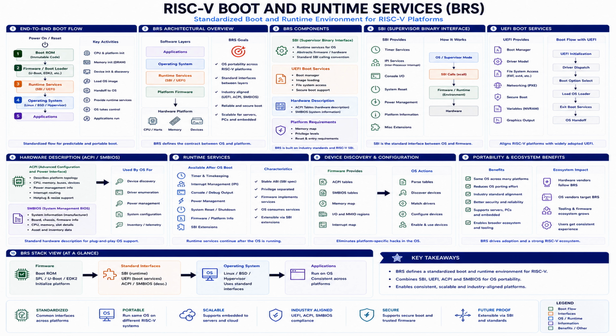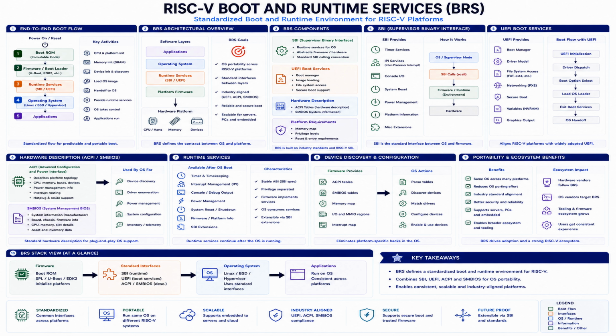Section 9 describes portability and ecosystem benefits to show why BRS is critical for the RISC-V ecosystem. Benefits include same OS image across multiple platforms, reduced OS porting effort, industry standard alignment, improved security and reliability, support for servers, PCs, and embedded systems.